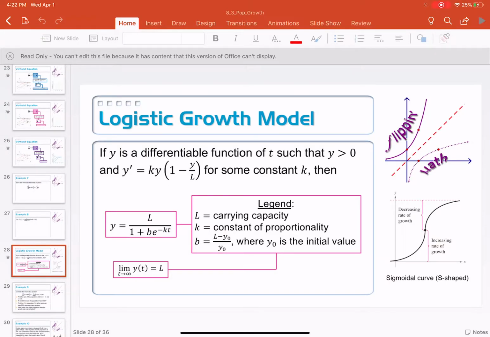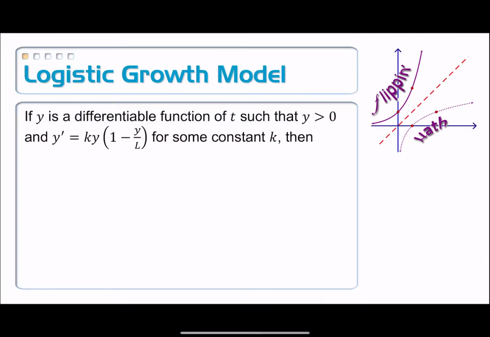So make sure that if you haven't taken any notes up to this point that you should. This is the logistic growth model summary. If y is a differentiable function of t such that y is greater than 0, so we're saying our population is positive, that makes sense, and y prime is equal to ky times 1 minus y over L, where L is the carrying capacity for some constant k, the constant of proportionality, then it solves like this.